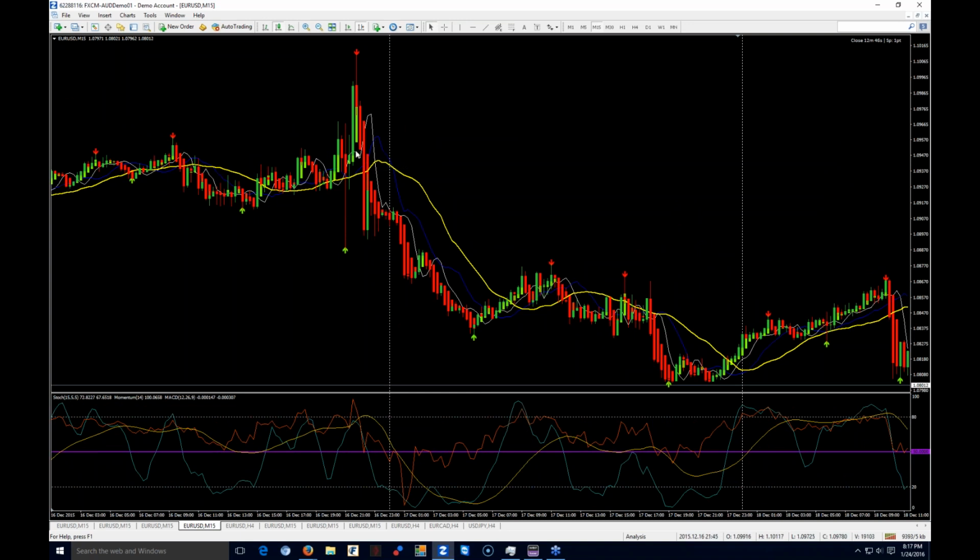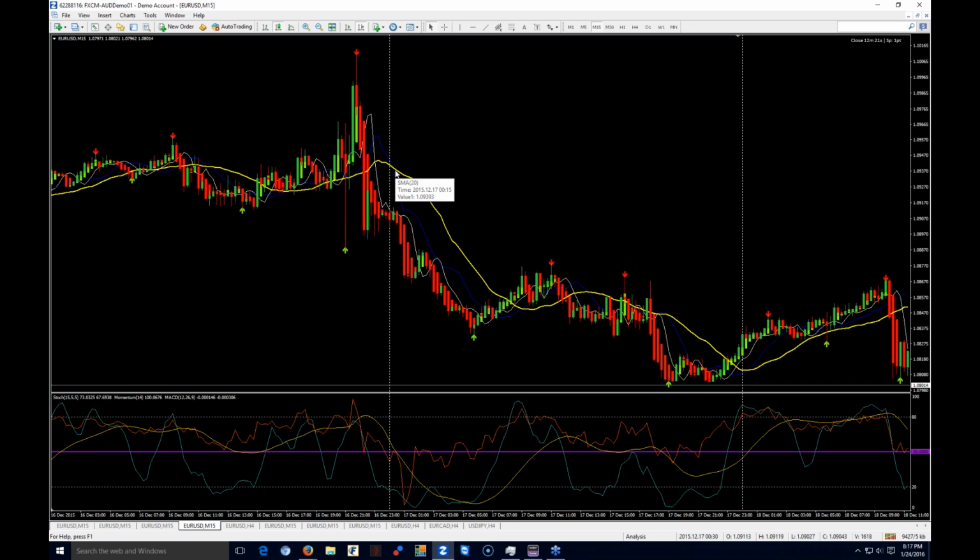Now, rule of thumb is your white moving average is pretty much your entry point. Your exit is right around your yellow. That is just the bare minimum, okay? Once you have this kind of setup where the market goes below everything like this, then it's going to continue that trend.